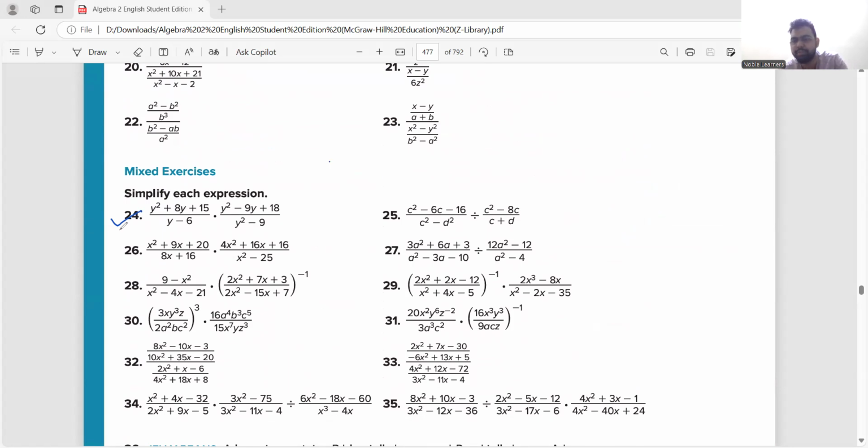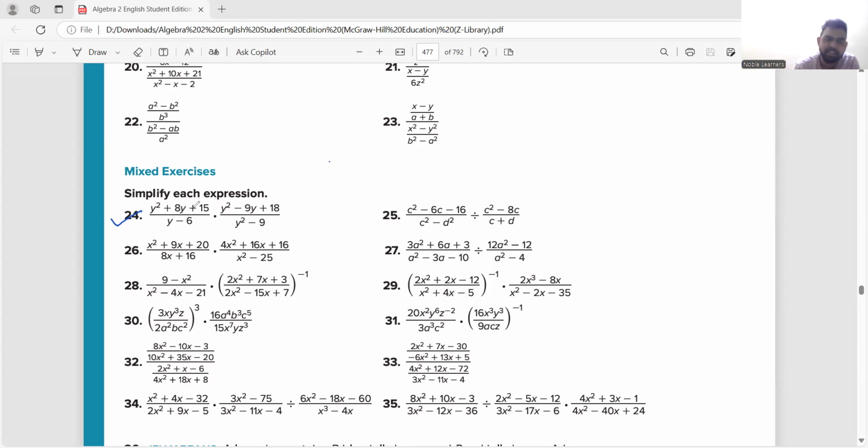So in order to simplify, what is the rule? You have to factor each and everything, whatever is in the numerator and denominator, and you see what you could cancel out. And whatever you could not cancel out, just write that. Correct?